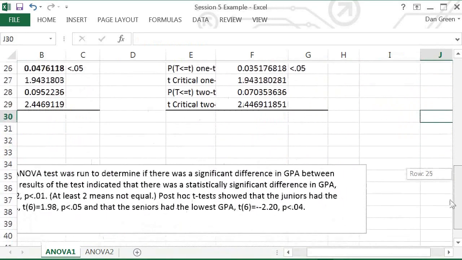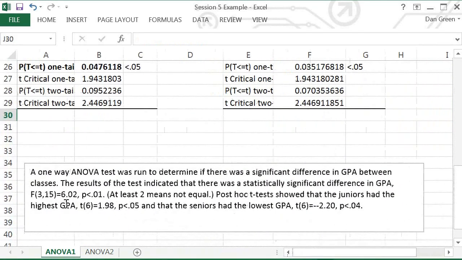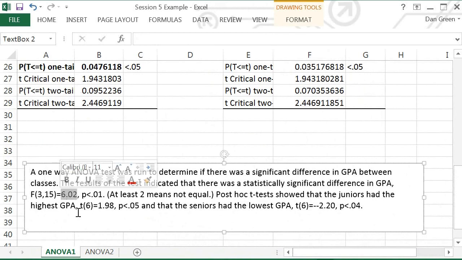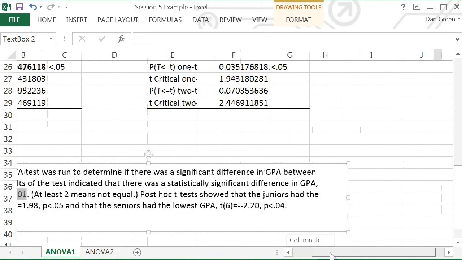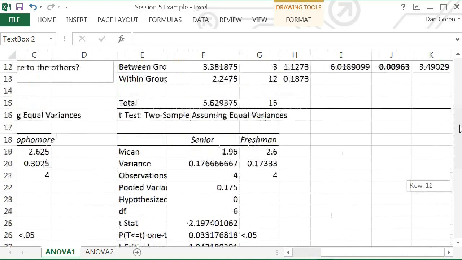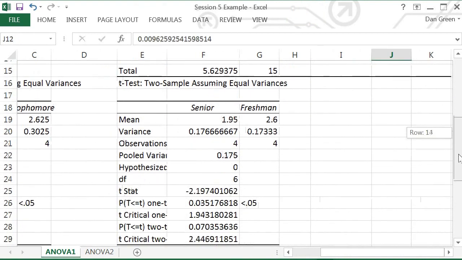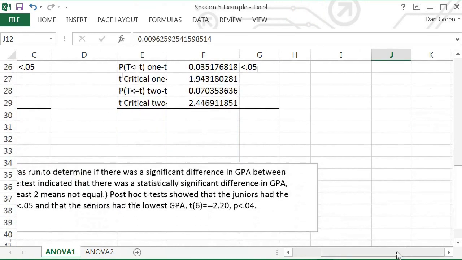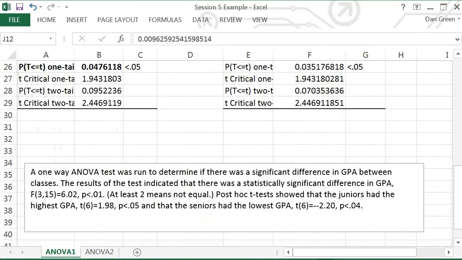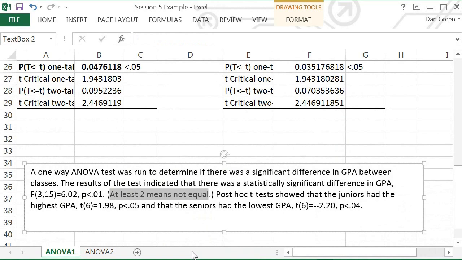And that is this information here. You want to tell what the value of the test statistic was. And then our p-value was 0.009, which is less than 0.01. That's the p-value right here for the ANOVA. So that tells us that at least two means were not equal.